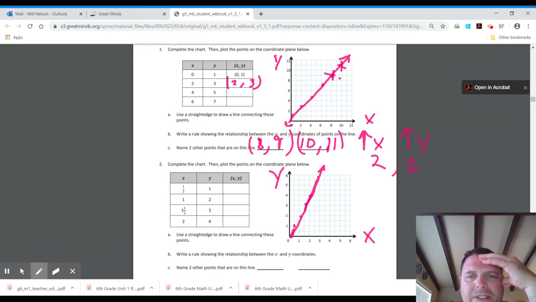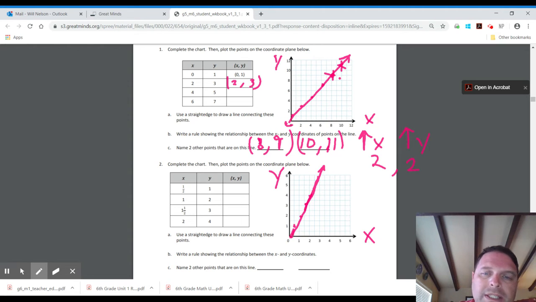Now this line is much steeper. And if you're looking at slope, slope is how steep a line is. If you notice it's going up faster, y is increasing more than x. So x is only going up 1/2, and y is increasing by 1.